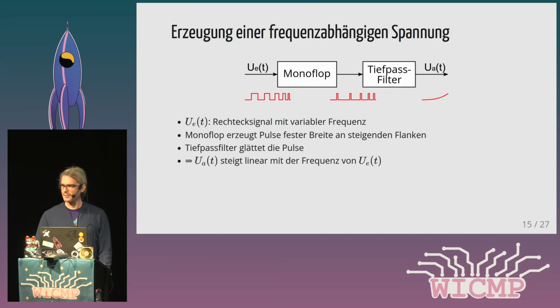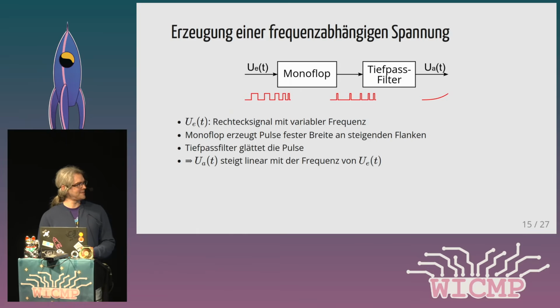Yes? How does the low-pass filter compare to the integrating circuit? Yeah, so the question is, how does the low-pass filter behave compared to the integrator? Did I answer that correctly?